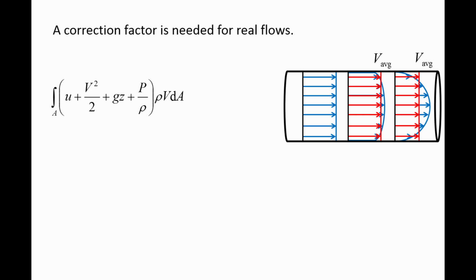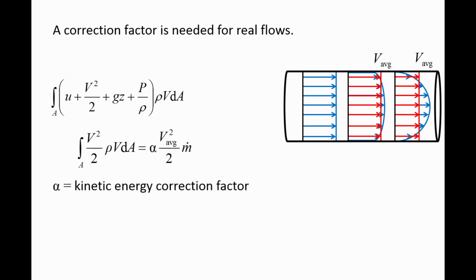If we had evaluated the integral using velocity profiles for real flows, we would find that the portion of the integral containing v squared over 2 times rho v dA is not exactly equal to v average squared over 2 times m dot. We would need to introduce a kinetic energy correction factor alpha.